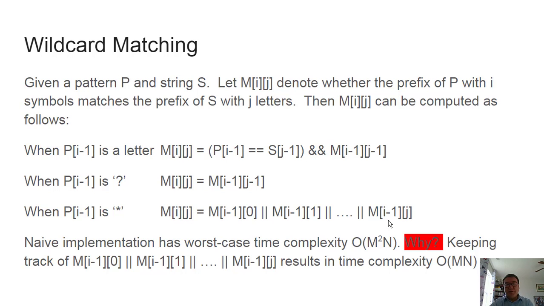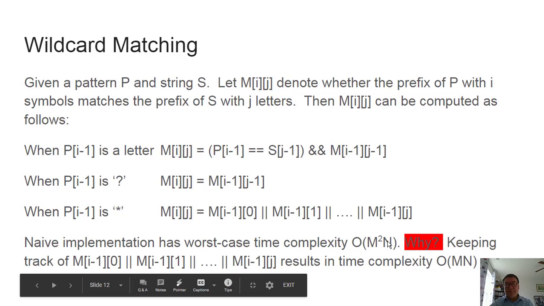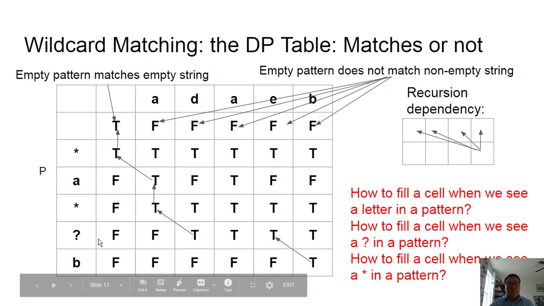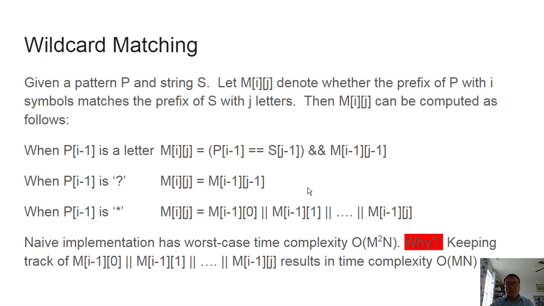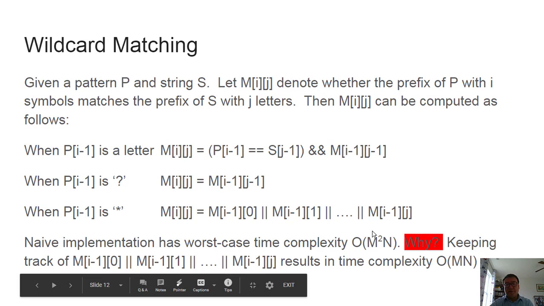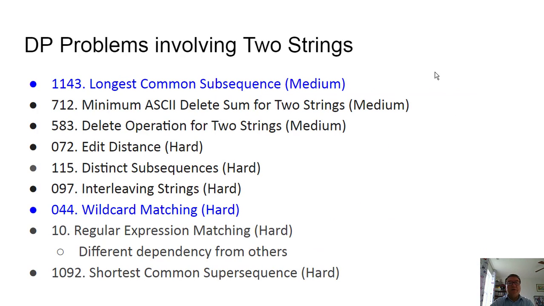A naive implementation has cubic time, but while we are scanning this row from left to right, we can keep track of this OR result. So each time we just need to OR with a new thing. So we can fill this cell in constant time. So this can still be done in quadratic complexity.